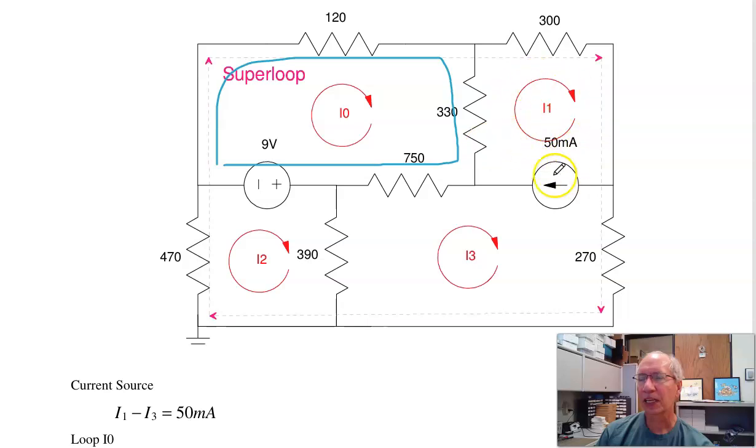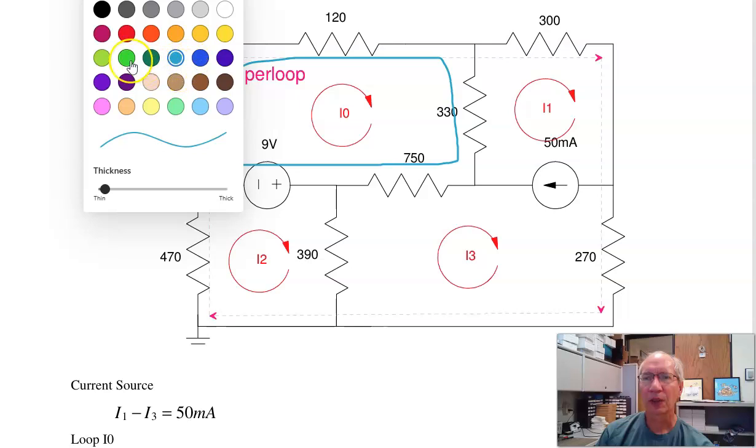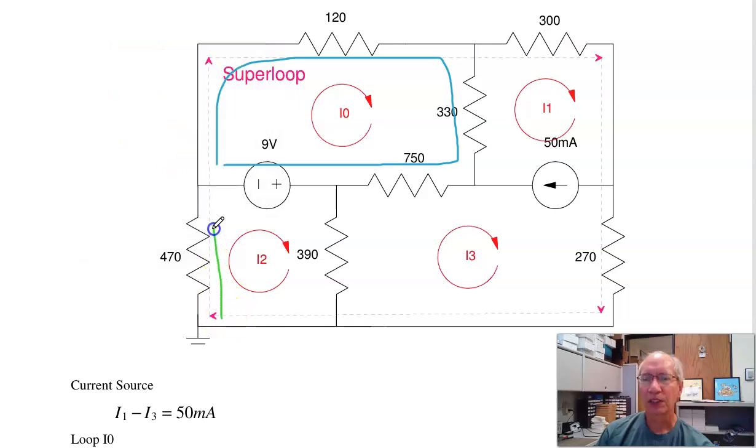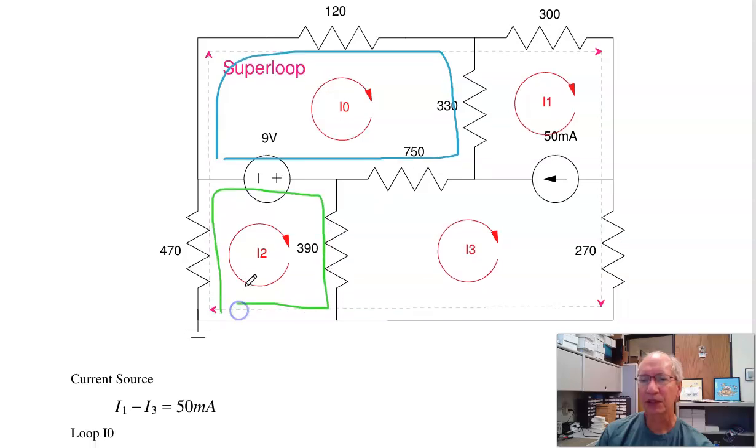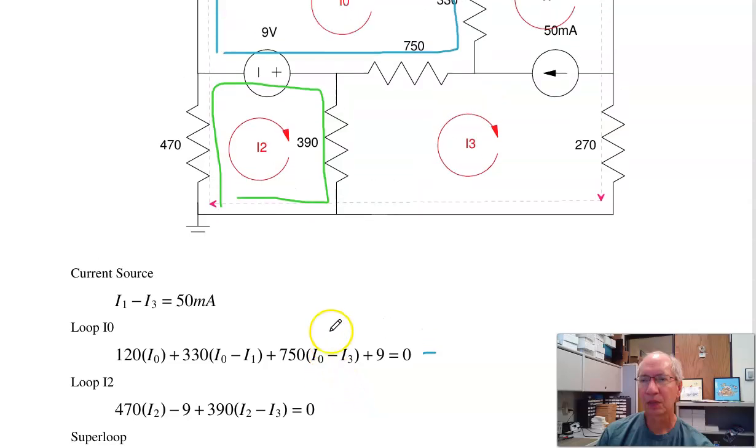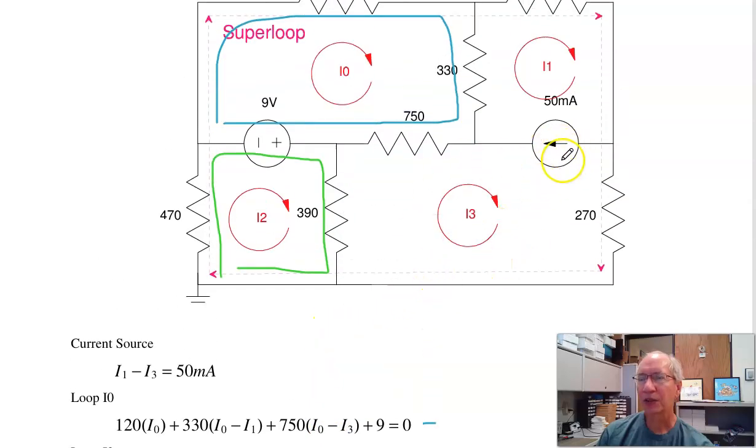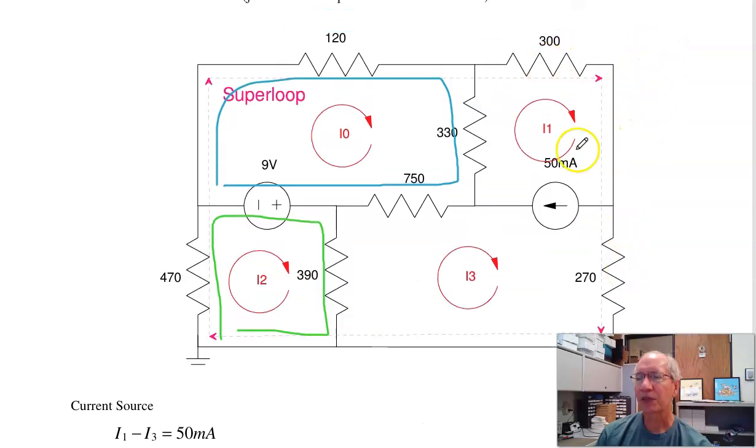Around loop I1, I can't do because I don't know this voltage. I2 I can do. Around loop I2, 470 I2 minus 9 plus 390 times I2 minus I3 equals 0. Can't do I3 because I don't know this source, so add a super loop. Notice these 2 resistors haven't been accounted for yet.